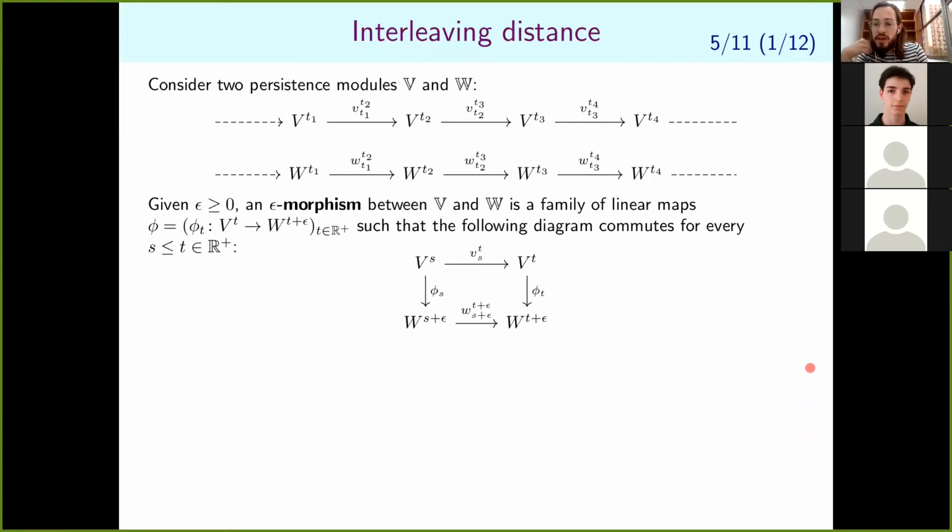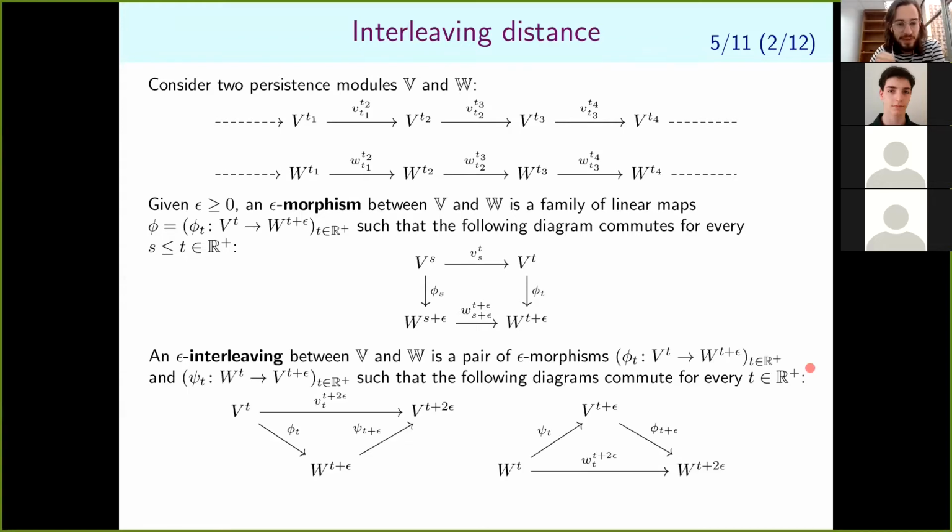Epsilon is any real number. Again, a definition. An epsilon interleaving. This is where it gets interesting. An epsilon interleaving between my persistence modules V and W is a pair of epsilon morphisms.